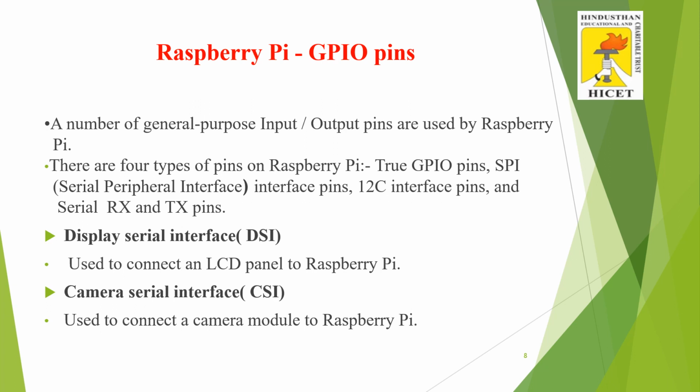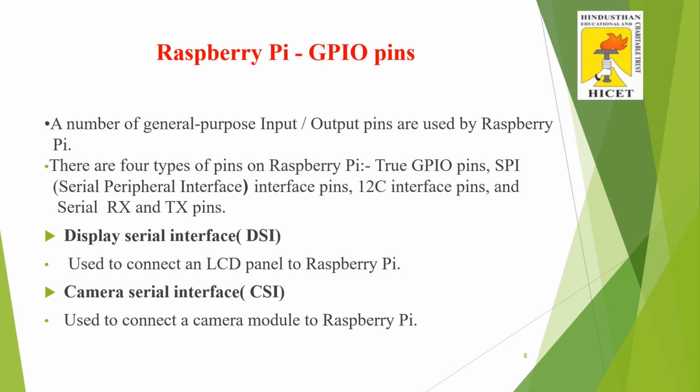Totally, there are 40 pins. Those 40 pins are responsible for connecting various sensors and actuators, and the power supply, ground, everything will be available for your sensors and actuators on these 40 pins.